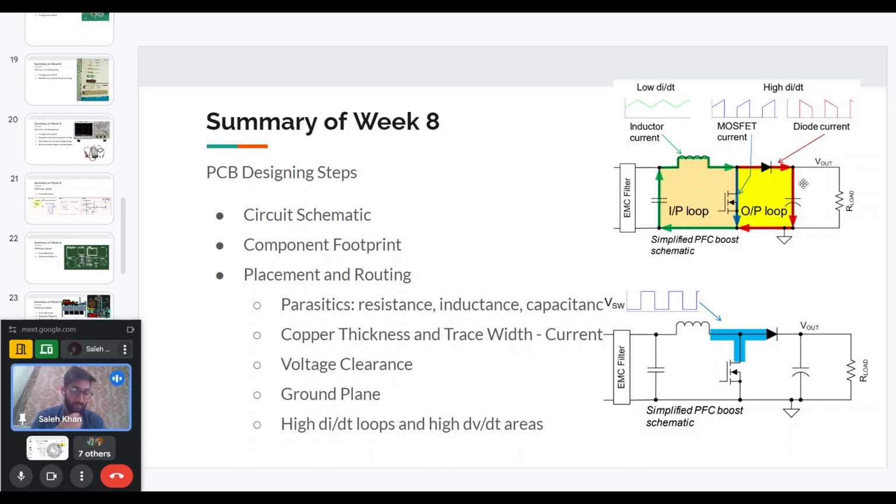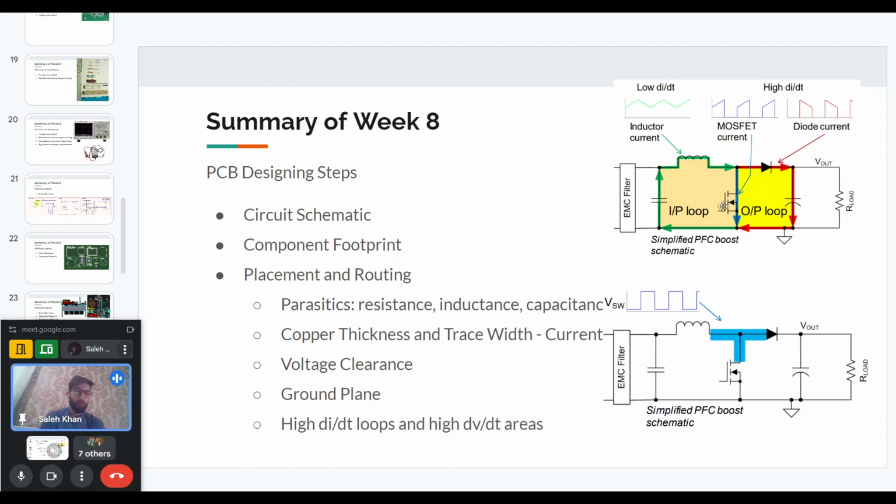So for example, we have here a boost converter circuit, and the green loop that is shown here, the current through this green loop is an inductor current, and the di/dt of this inductor current is actually relatively low. But the current that flows through the MOSFET and through the diode is actually a pulsed current. So sometimes it is zero and then it goes to a very high value and then again goes to zero. So that is why these currents will have very high di/dt.